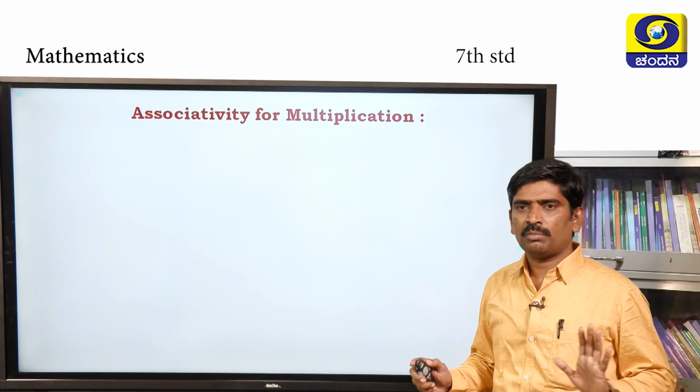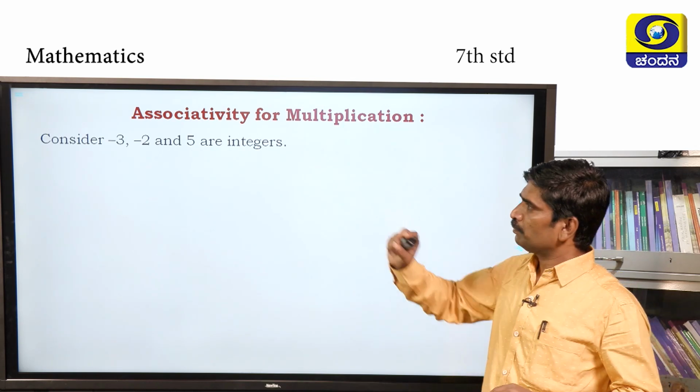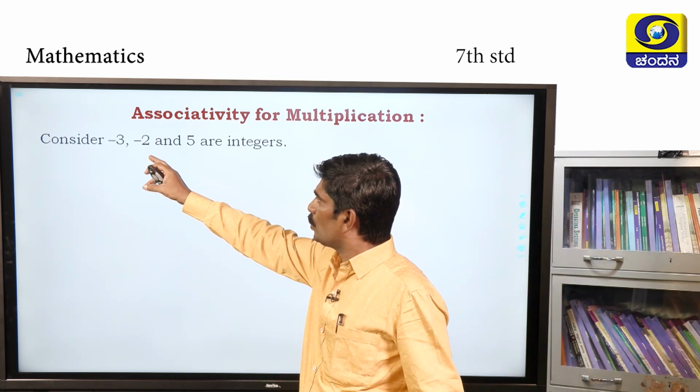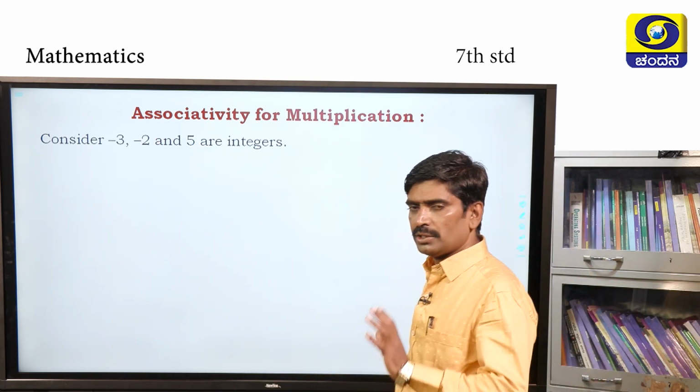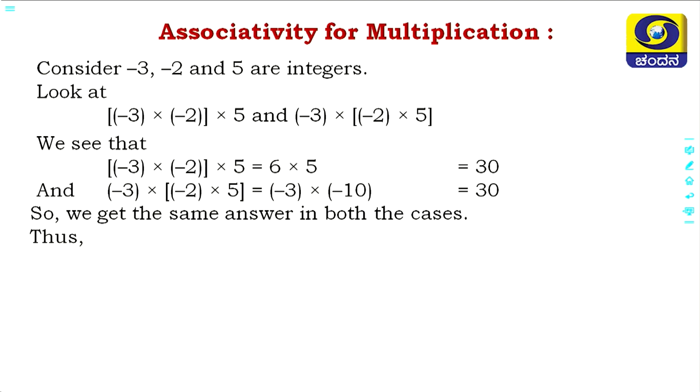Associative property of multiplication. Here consider minus 3, minus 2 and 5 as the three integers given. We get the same answer in both the cases. Thus, (minus 3 into minus 2) into 5 is equal to minus 3 into (minus 2 into 5).